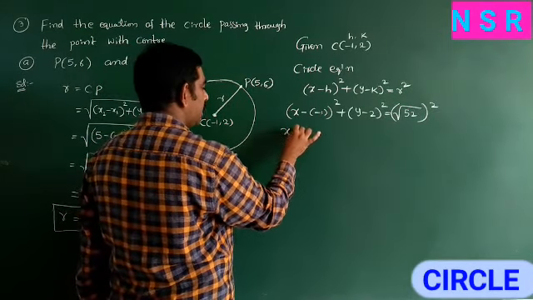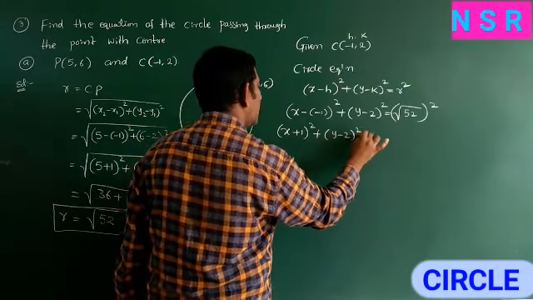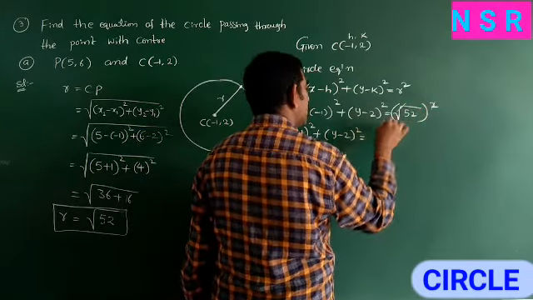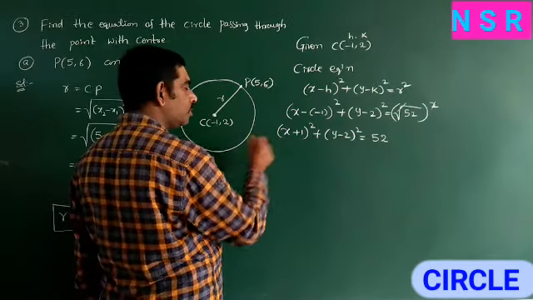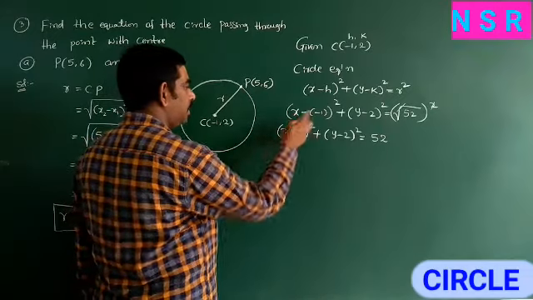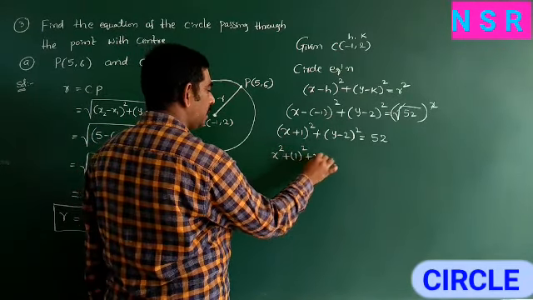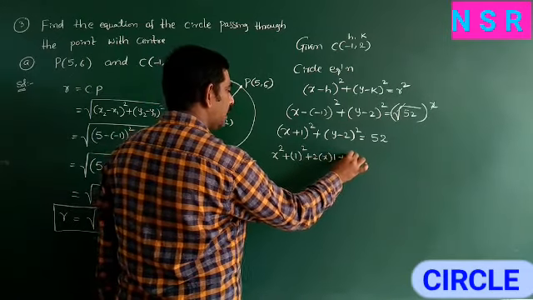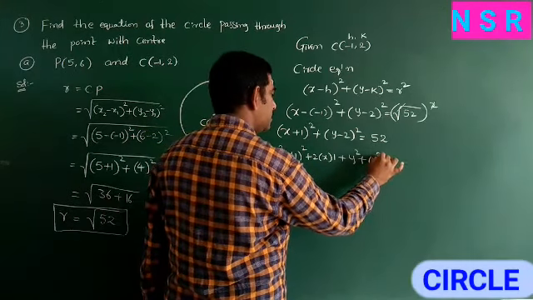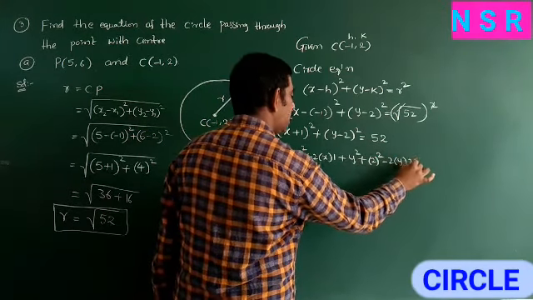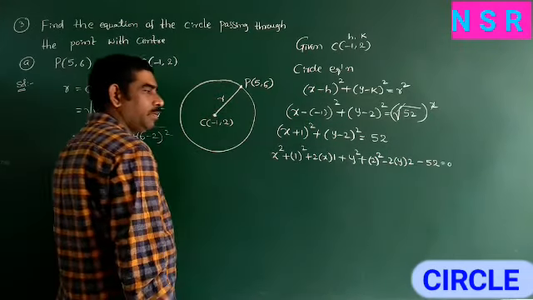Now (x minus of minus 1) becomes x plus 1, so (x plus 1) whole square plus (y minus 2) whole square is equal to 52, since the square root gets cancelled. Apply (a plus b) whole square: x square plus 1 square plus 2 into x into 1. Next (a minus b) whole square: y square plus 2 square minus 2 into y into 2. And 52 move this side, it becomes minus 52 equal to 0.